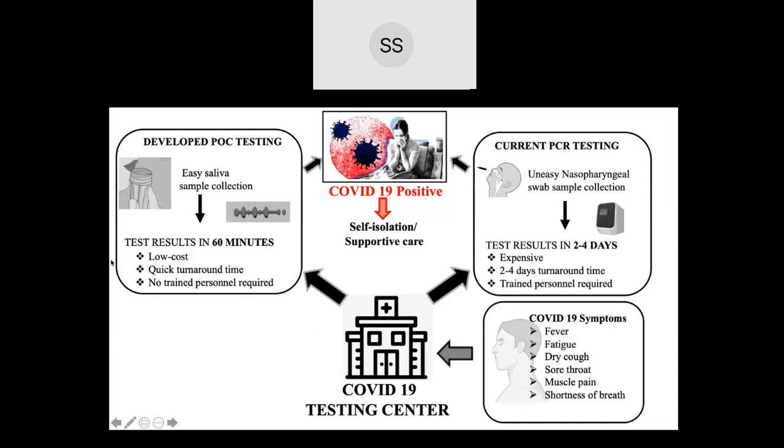The positive point with this testing is the turnaround time is 60 minutes. It is low cost, and no trained personnel are required after the sample is inserted in chamber 1.